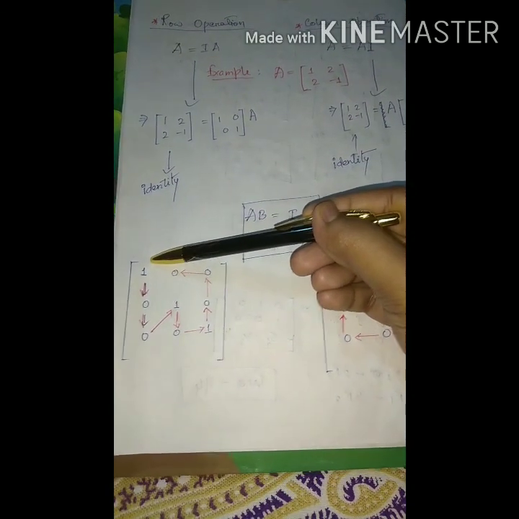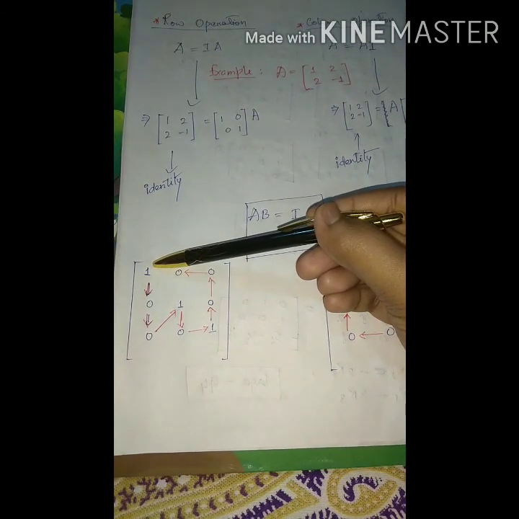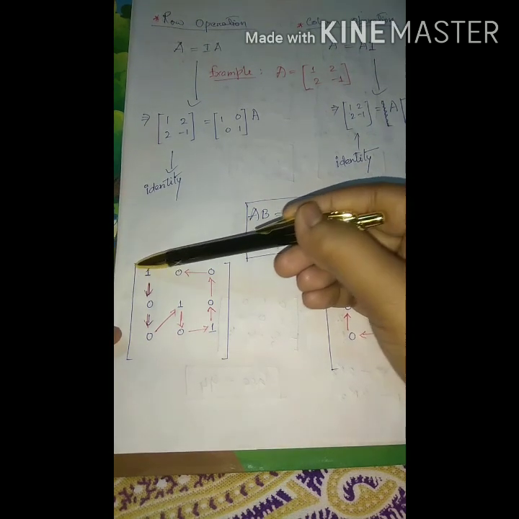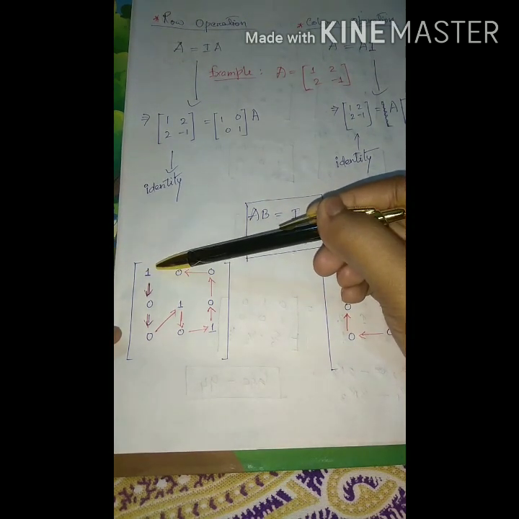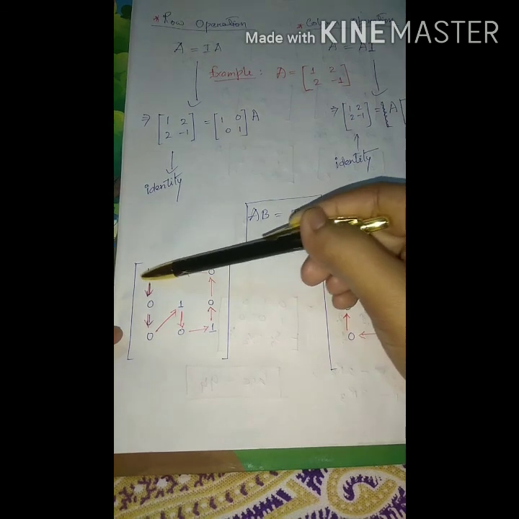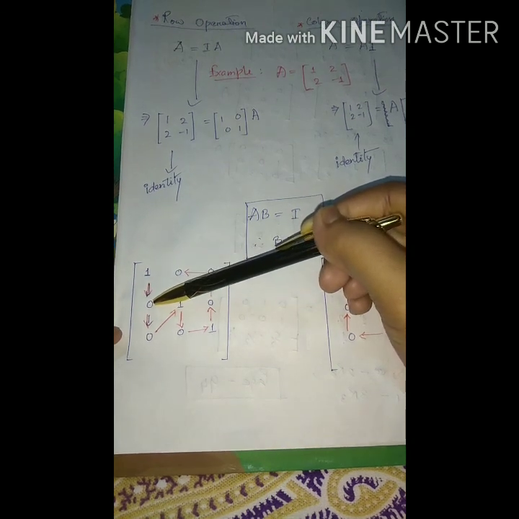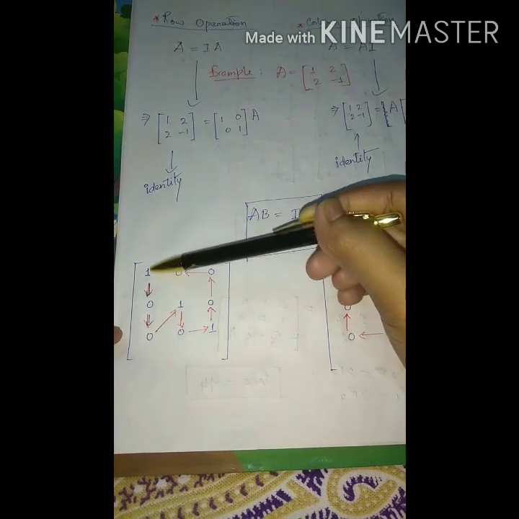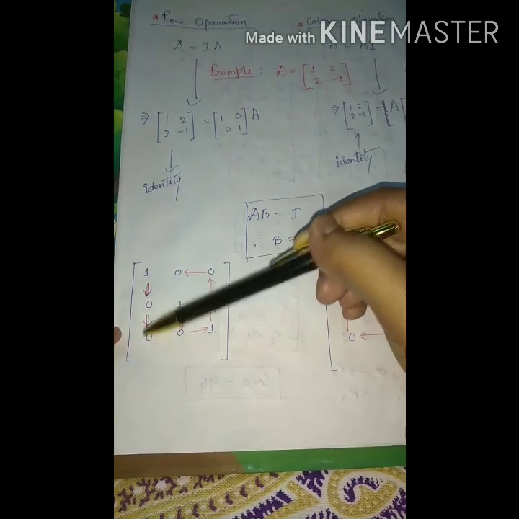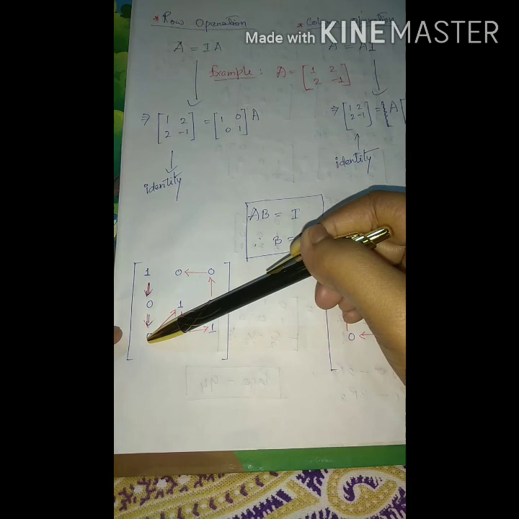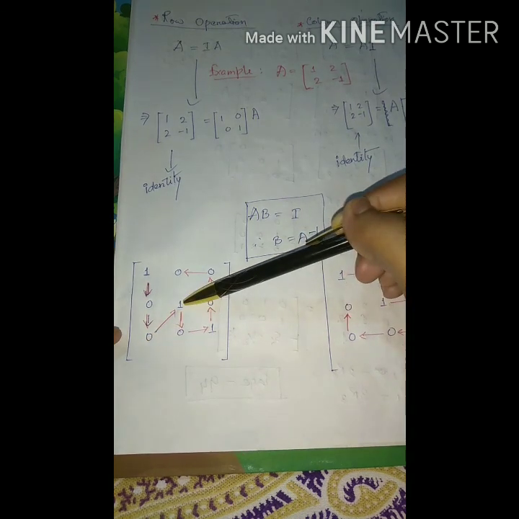So next, you see here, this is a technique for how we can convert into an identity matrix. First of all, this element is the first row first column element. When we start, we have to convert the first row first column element to 1, and after converting this to 1, the second element and the third element, with respect to this one, we have to convert to 0, and then we move to the next.